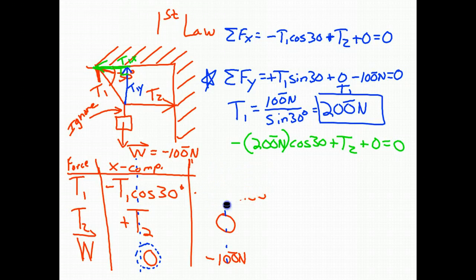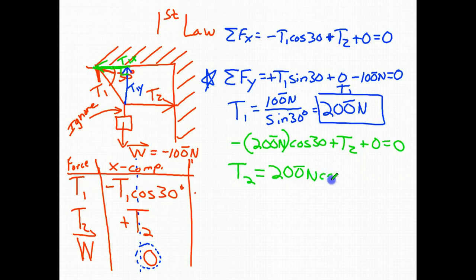Now solve for T2. T2 is going to be equal to positive 200 newtons cosine of 30 degrees.